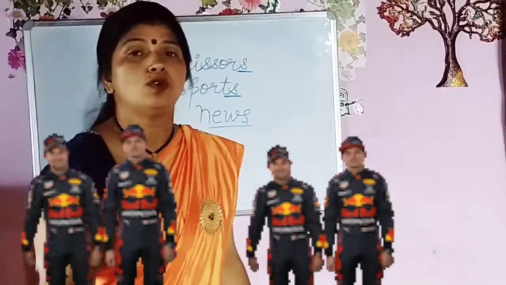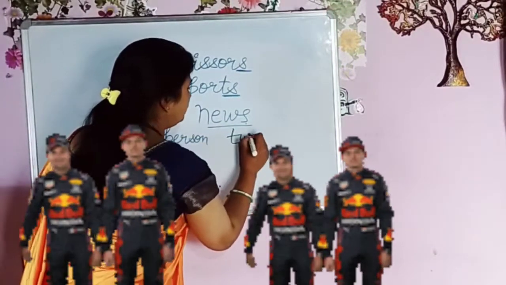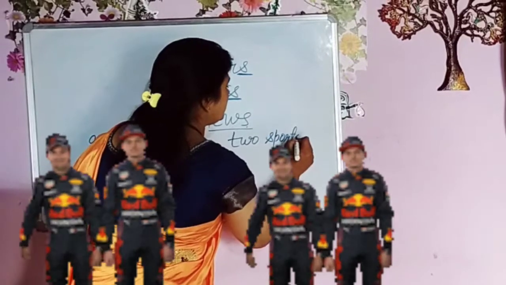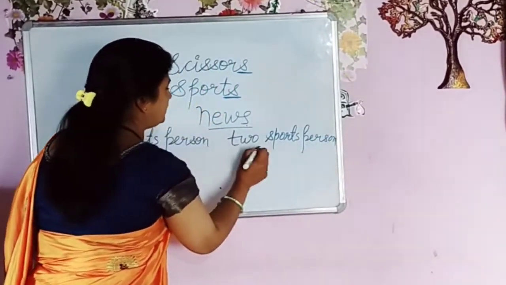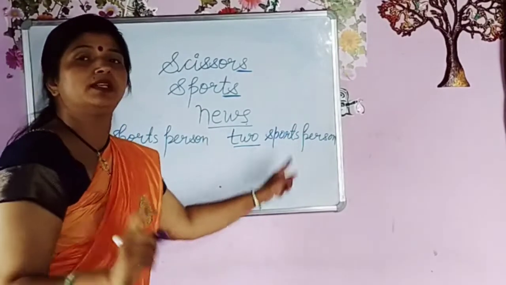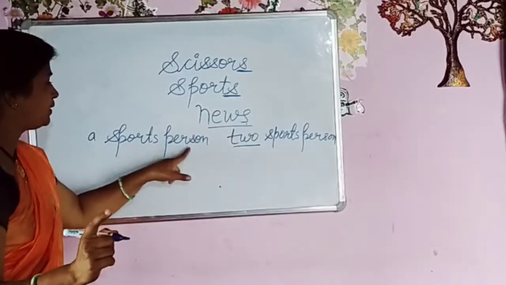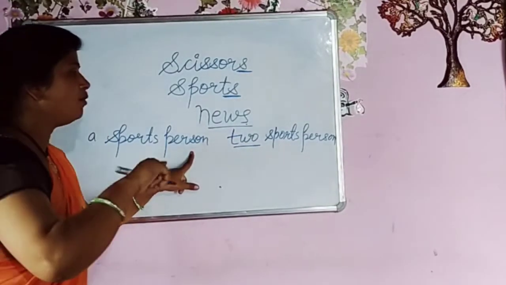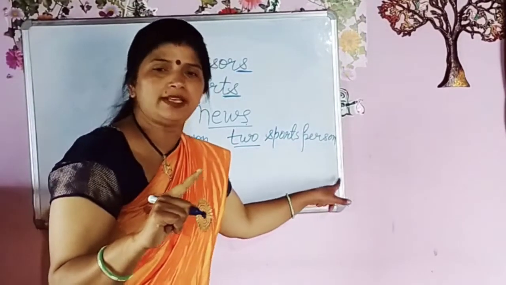And suppose many sports person are there or 2 or 3 are there, so we used to write 2 sports person. We used to write like this. We used to mention the digit, how many sport persons are there. ठीक है? यहाँ पे a sports person है, that means we are talking about one sports person. If there are more than that, so we will write like this, 2 sports person, right?